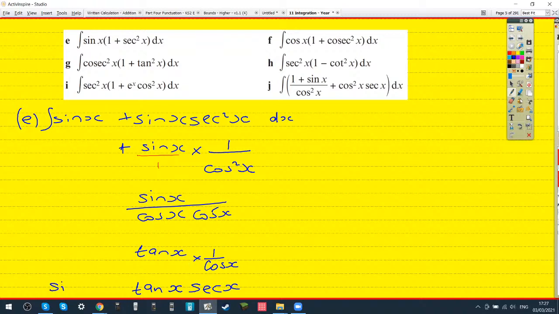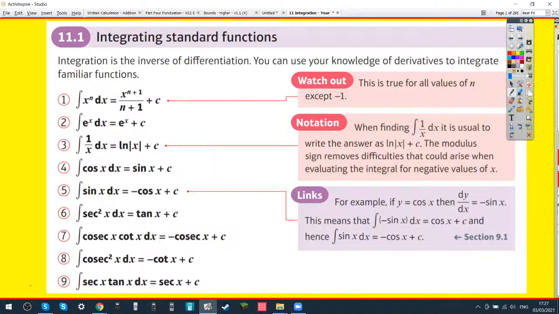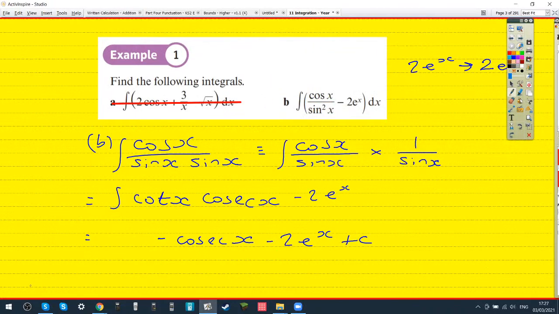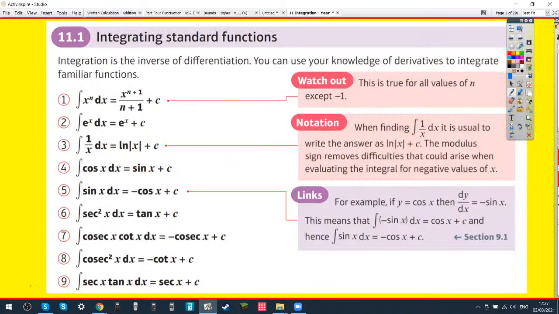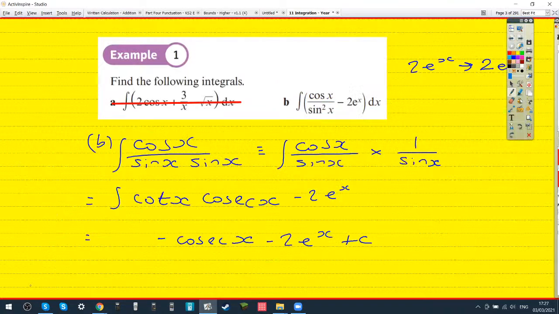So another way to write that is tan x sec x. Sec x plus c.